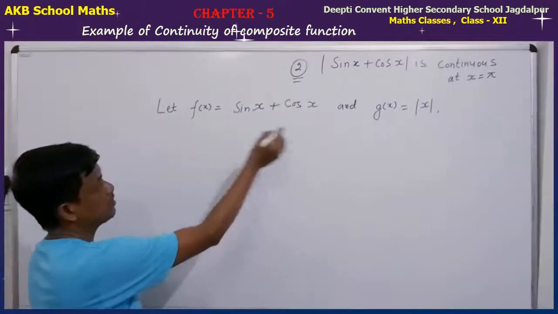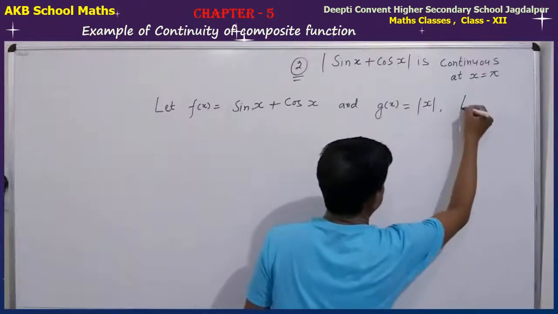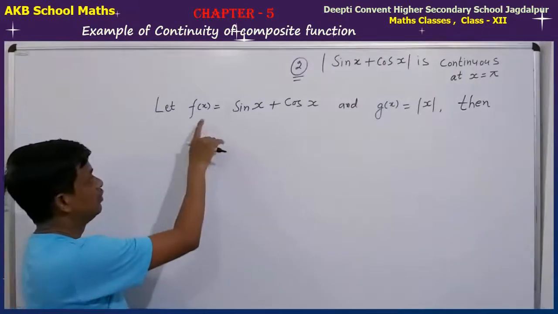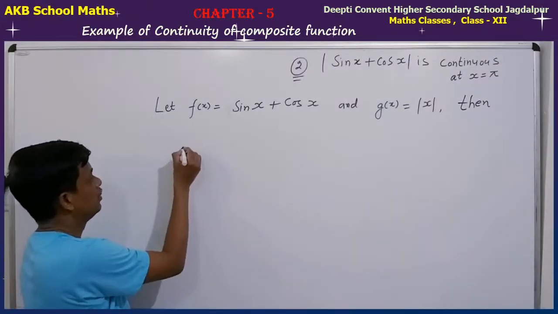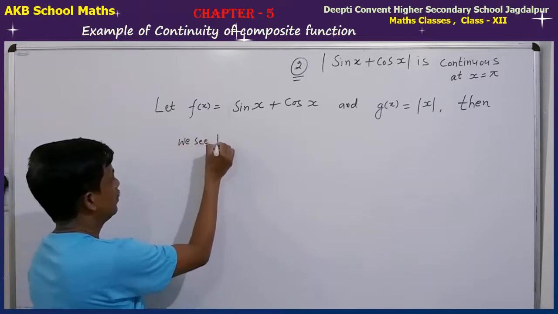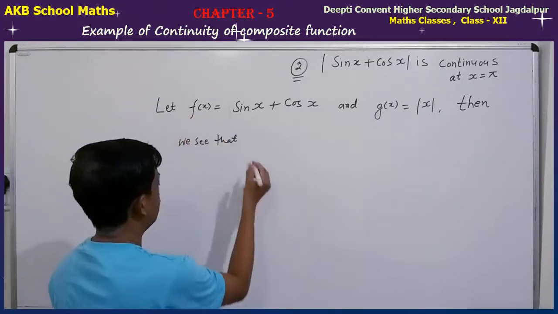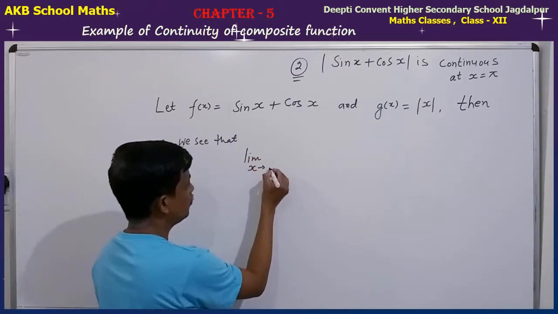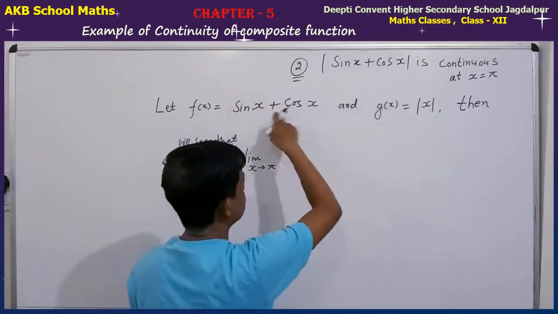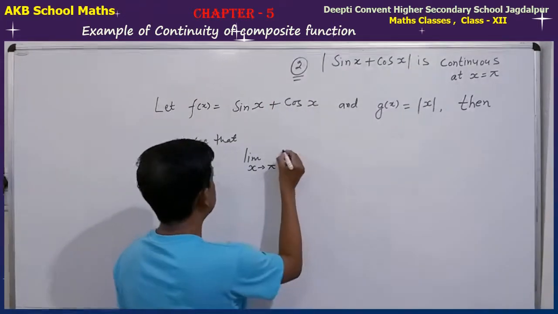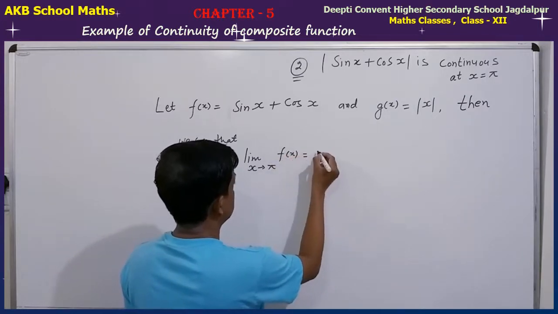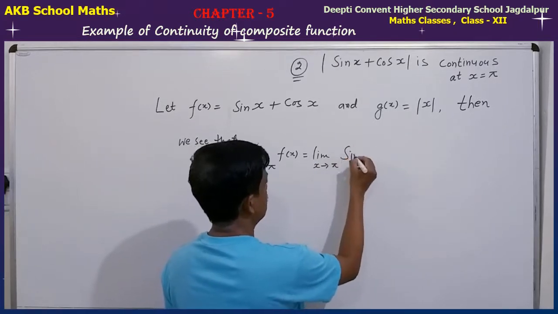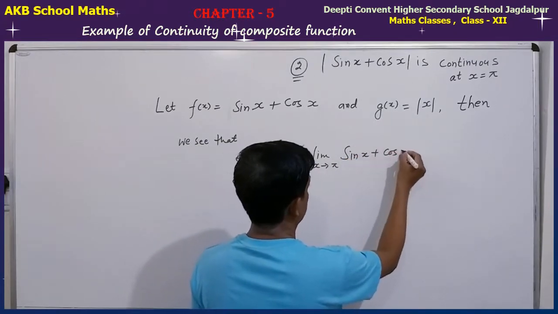So here f(x) equals this, g(x) equals this. First we see limit x tending to pi of f(x), meaning showing f(x) continuous at pi. Limit x tending to pi of f(x), that is sin x plus cos x.